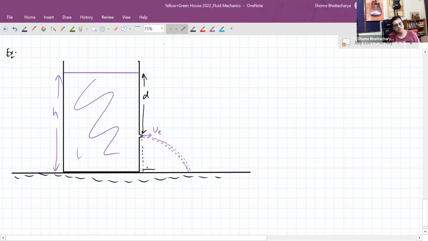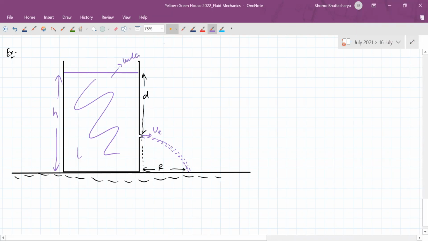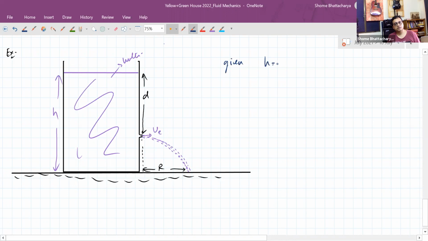So this range is, let's say, capital R. So this is water. Suppose H is given to us as 40 meters and the depth D is 30 meters. Find first of all the speed of efflux, then the range. Take g as 10 meters per second squared.